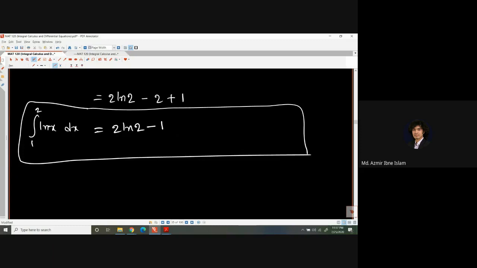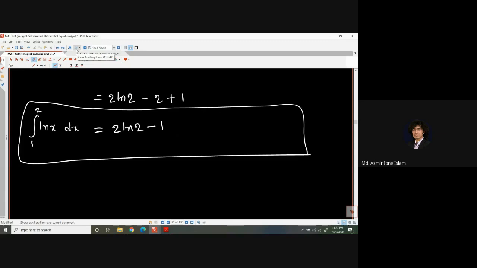Okay, so I have mentioned that every definite integral will give us a finite value. So you can keep your answer in this form, 2 natural log of 2 negative 1, or you can use your calculator just to find the numerical value.